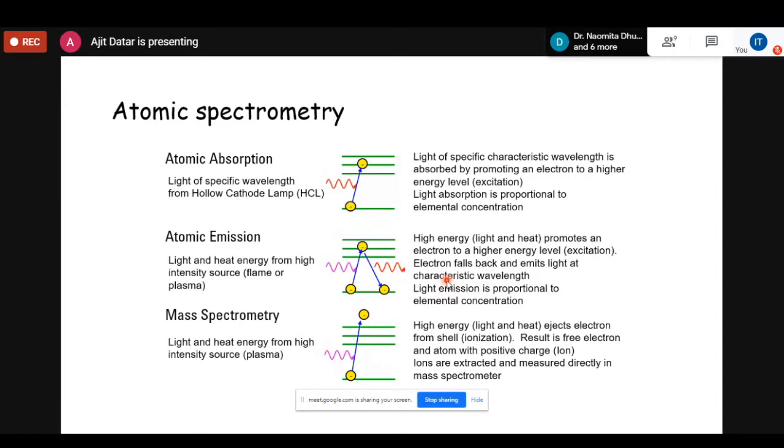We look at the absorption of the radiation by the atom which is at ground state, and we call this technique atomic absorption, for which we require an external lamp source which we call a hollow cathode lamp.